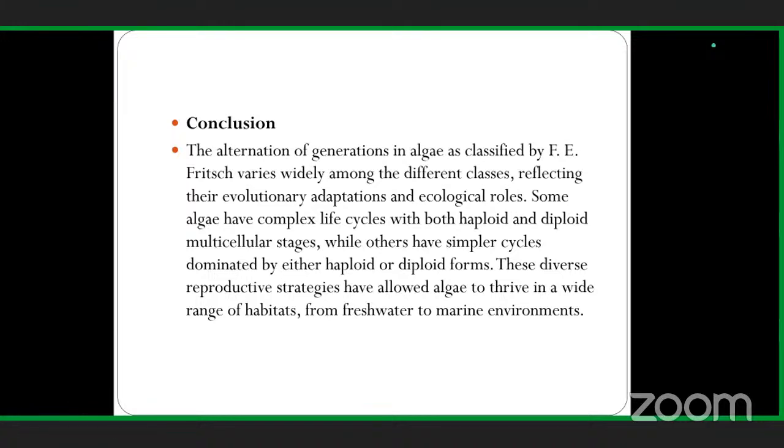Like Chlorophyceae, you will find both haploid and diploid, haplodiplontic, but in some like Rhodophyceae, you will see only one dominant stage. These diverse reproductive strategies have allowed algae to thrive in a wide range of habitats from freshwater to marine environments. Due to this alternation of generation, they can survive in harsh conditions.